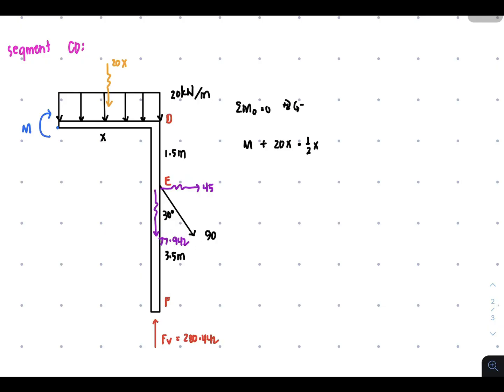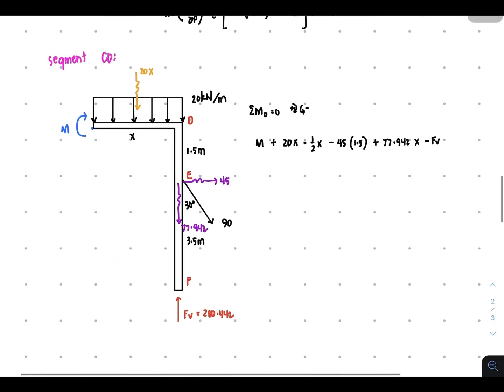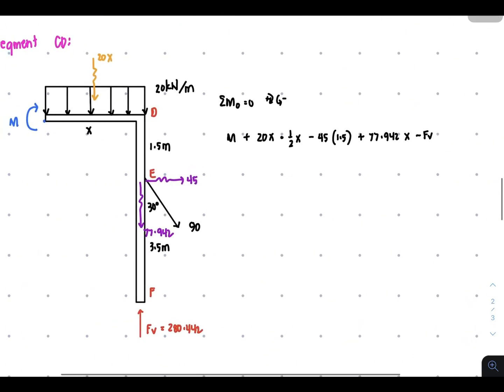And then let's consider the 45. 45 will rotate in a counterclockwise, so that's negative 45 times the moment arm is 1.5. And then for the 77, it's going to create a clockwise direction. So 77.942 times the moment arm is x. And then minus FV. Since the rotation of FV is counterclockwise about point of cutting, and the moment arm is x, equal to 0.